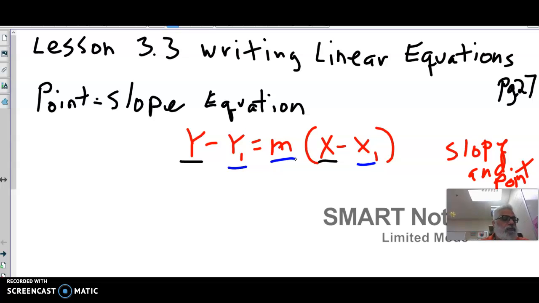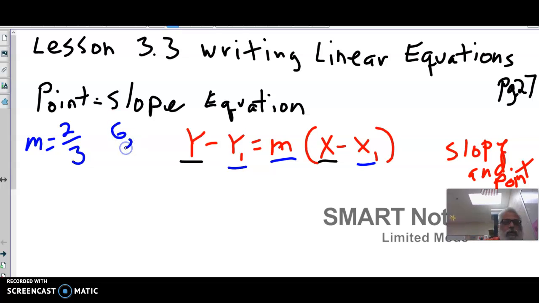So, for example, if I'm given a slope of 2/3, let me rewrite that. So I got the slope is equal to 2/3, and it goes through the point of 6 comma -3.